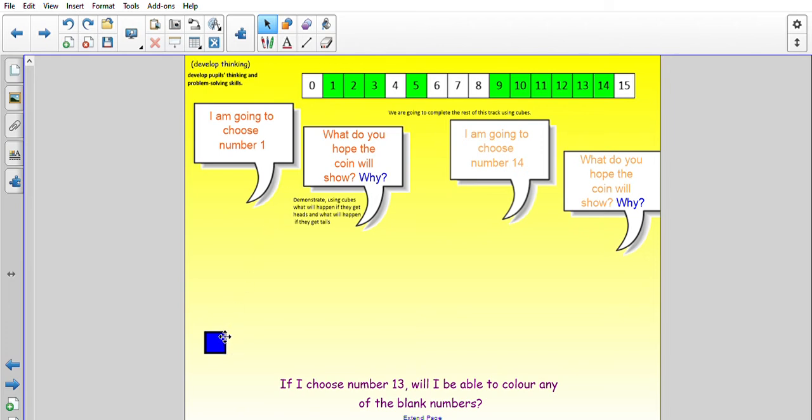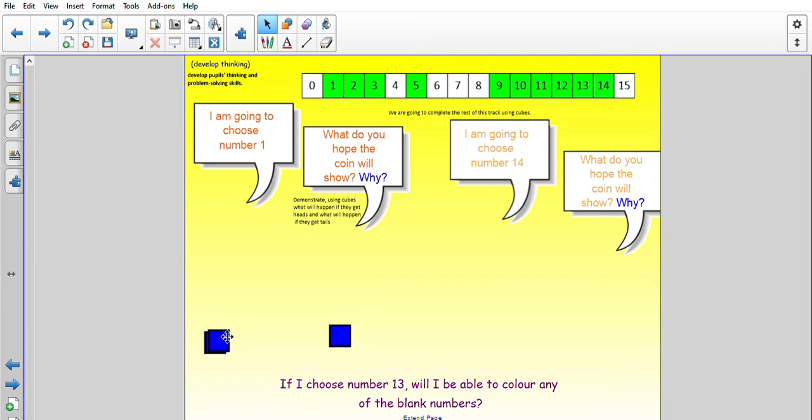Let me get 1 cube, because remember we're making our concrete representations as well. So there's 1. Now if I roll a head, and I'm going to add 1 more, I get the number 2. The number 2 is already coloured. So I don't want it to roll a head so that I get to have 2, do I?